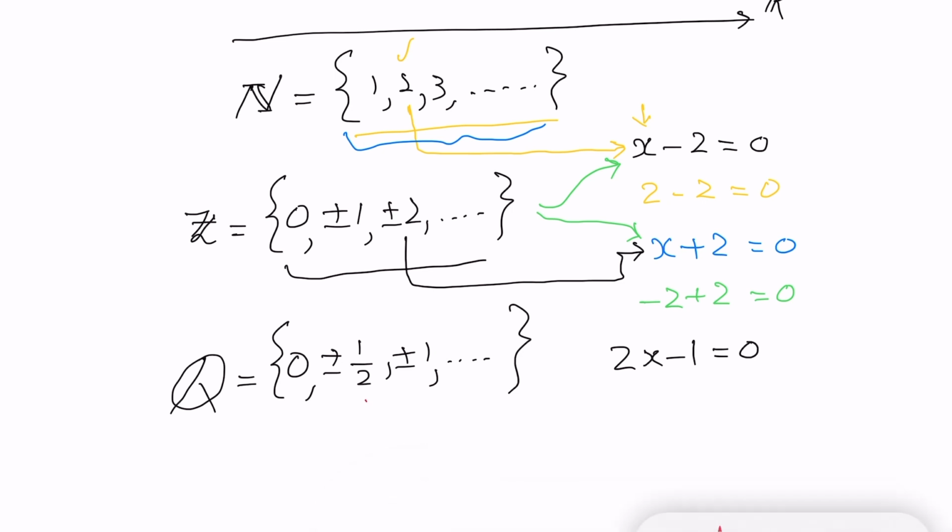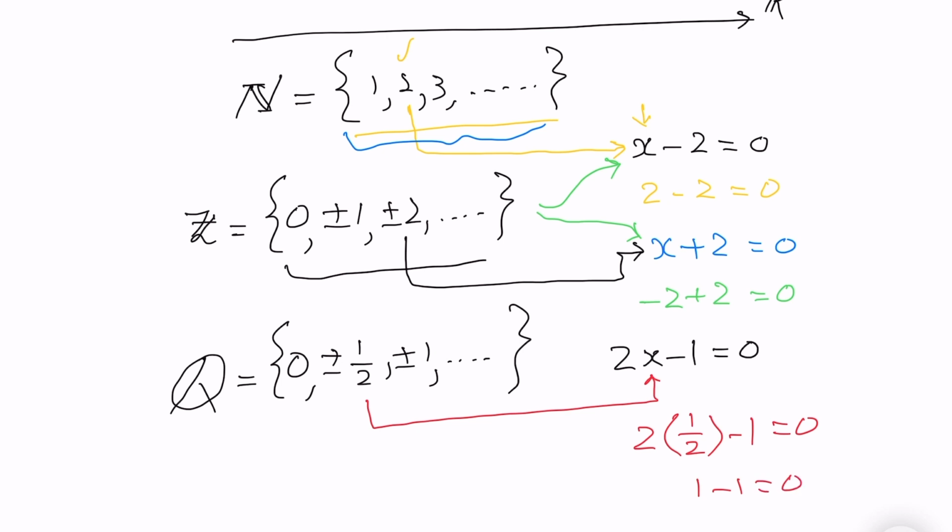We have a number which is 1/2, which we can plug in here, and we get 2 times 1/2 minus 1 equal to 0. It means that this is actually 1 minus 1 equal to 0, and 0 equal to 0. So it's working. So we say that 1/2 is the solution of this equation.